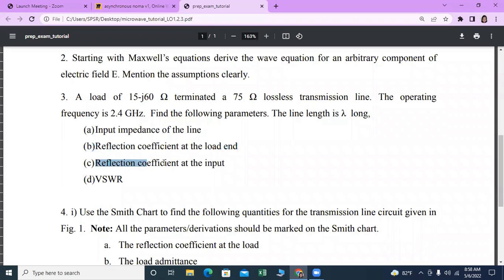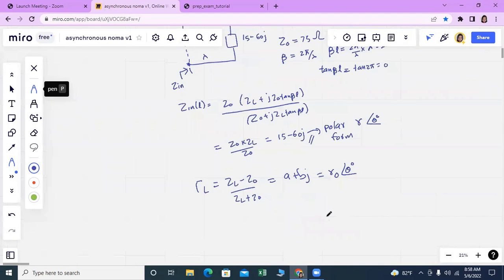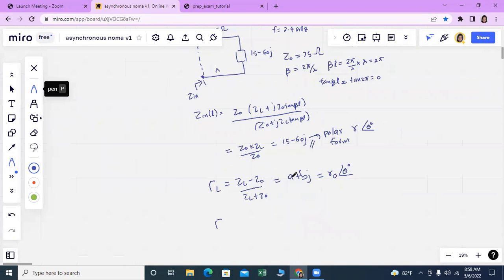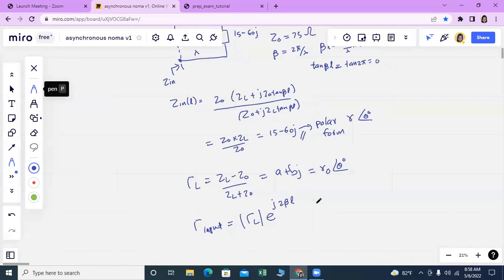And the reflection coefficient at the input. So at the input, there would be some changes to the angle of the reflection coefficient. So at the input, the reflection coefficient is given by the magnitude of the reflection coefficient at the load into the angle, which is e to the power minus j 2 beta L. So the angle 2 beta L you have to find, and you have to substitute here.